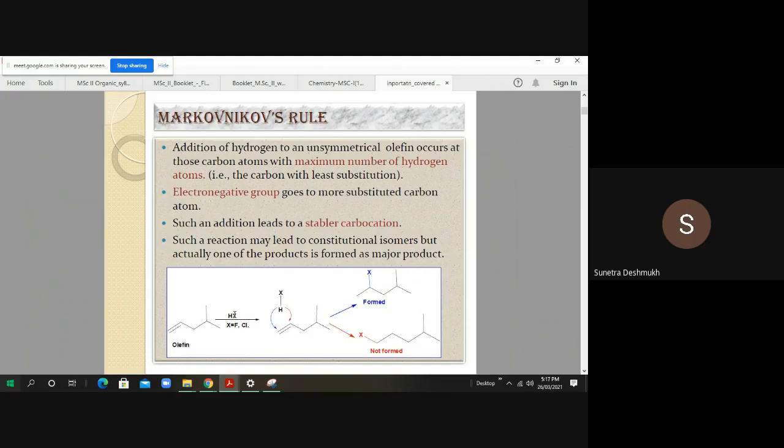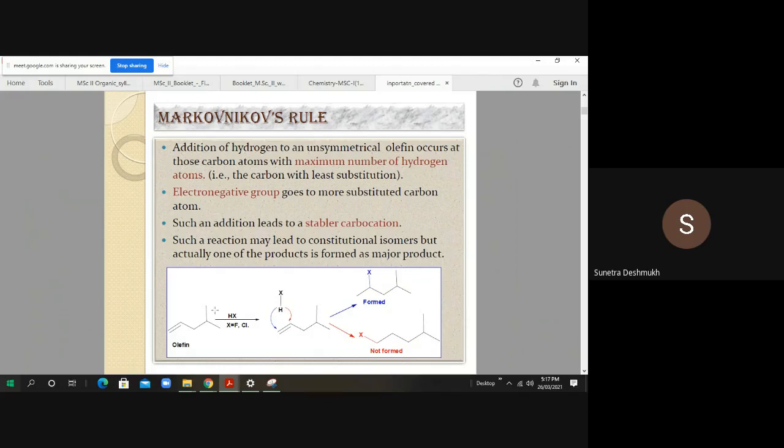Chlorine is highly electronegative and hydrogen is less electronegative compared to chlorine. So H plus will act as an electrophile and Cl minus will possess the negative charge.